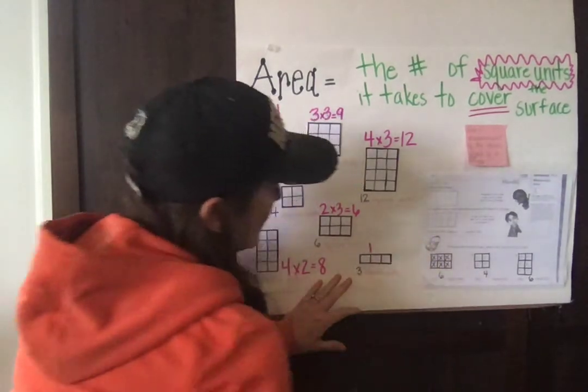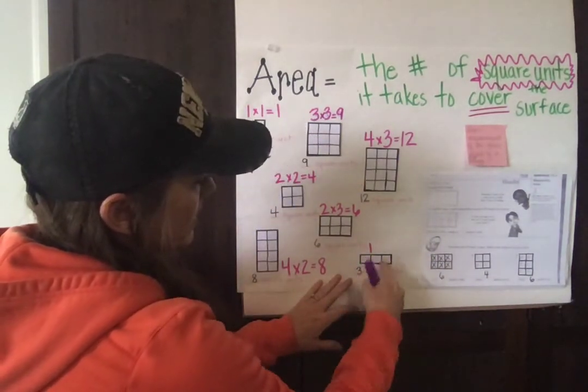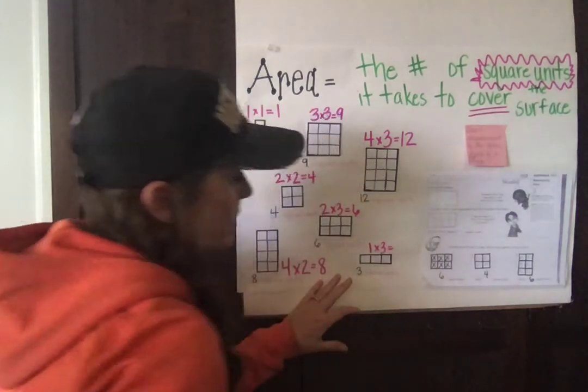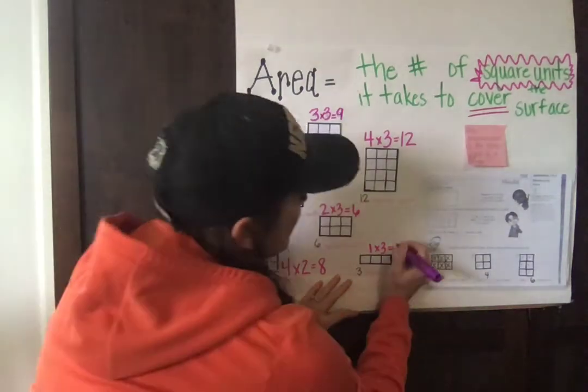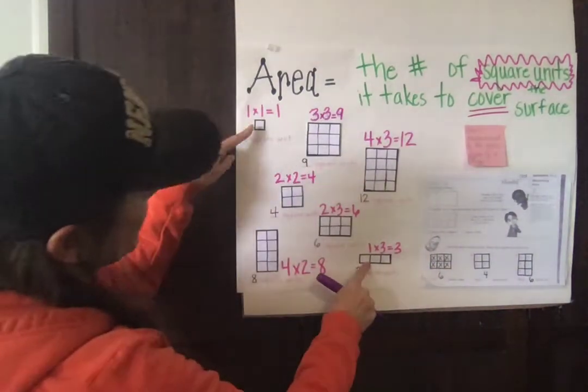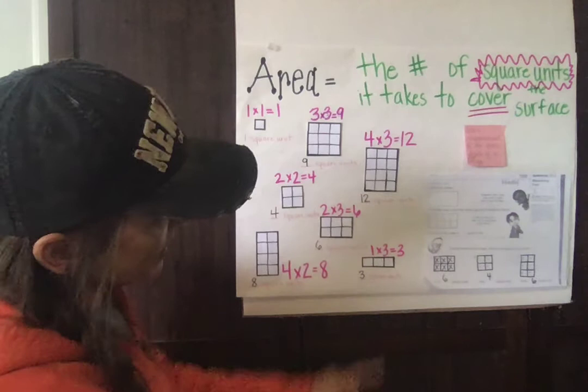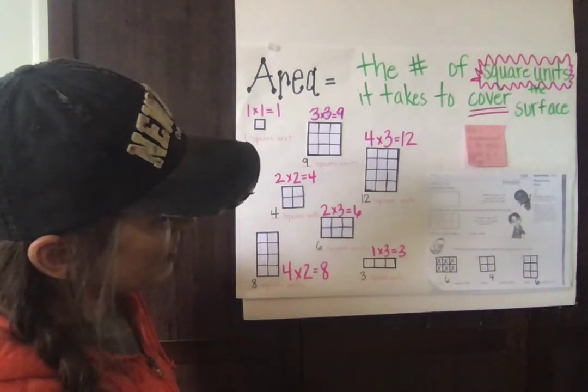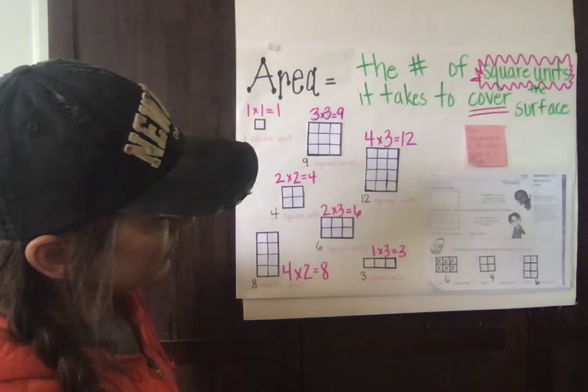That's right, just 1. How many are in that row? 3. 1 times 3 equals 3. Just like I said here, the identity property of multiplication states that anything times 1 just gives us that other number, in this case 3 square units.